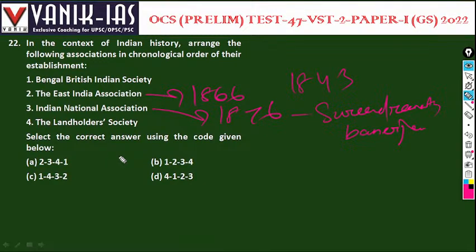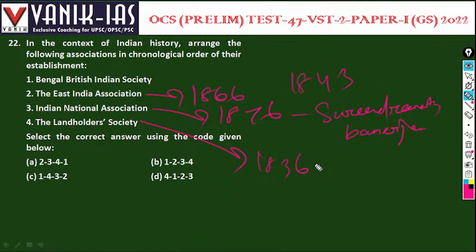Next is the Landholders' Society, established in 1836, the Zamindari Association.